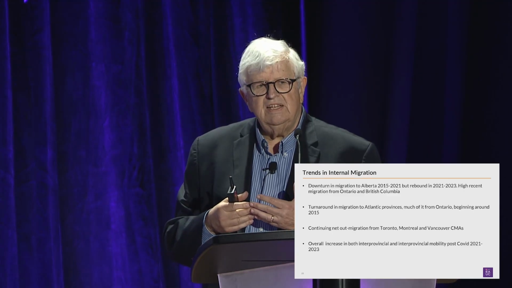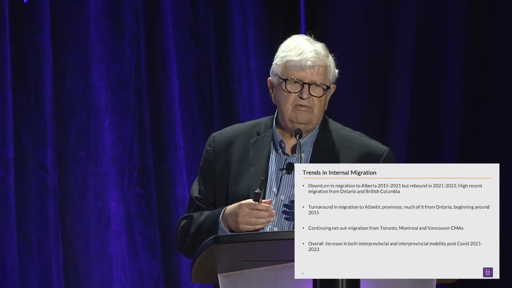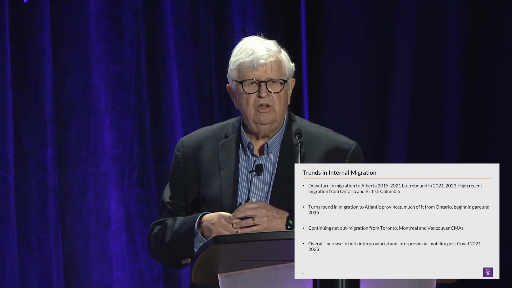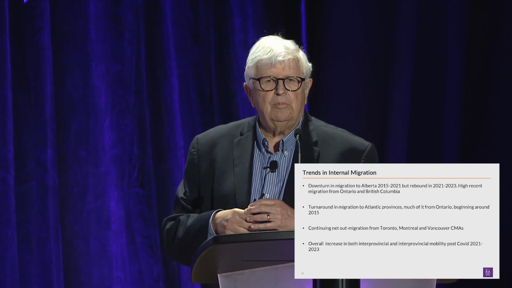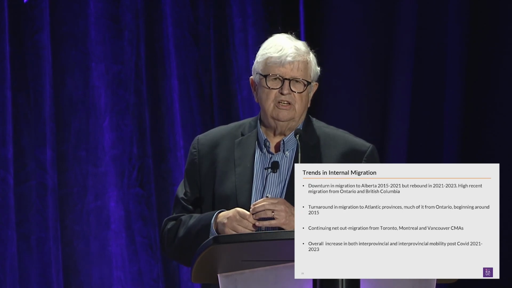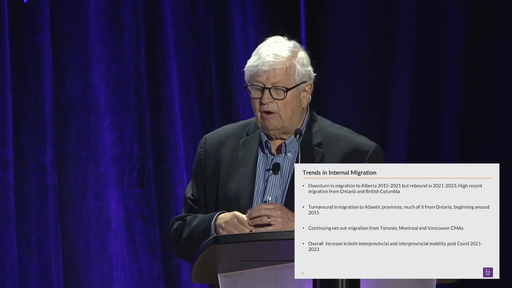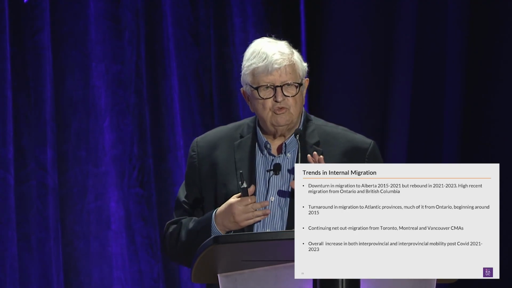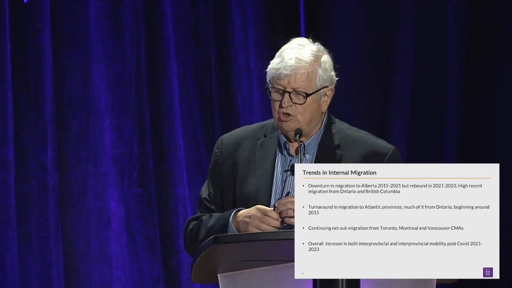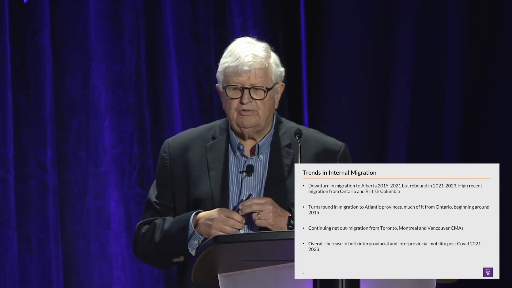What that meant is that traditionally high level of movement to Alberta from the Atlantic region, from Ontario, really turned negative. And Alberta actually lost population for 3 or 4 years to other provinces. However, in the last 2 years, it's really turned around and skyrocketed. Migration to Alberta, most of it from Ontario and BC, really, really high.